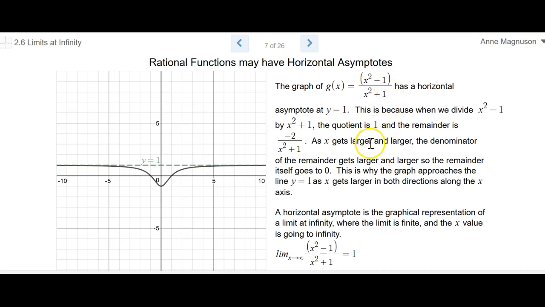So when we perform that division, the quotient is just 1, and this is the remainder, minus 2 over x squared plus 1. So as x gets larger and larger, this denominator grows. So as x gets larger, we travel along the right or the left of the x-axis. This remainder is approaching 0 because this denominator is growing and growing, but the numerator is staying the same. So that's why this function is approaching 1 as x approaches infinity or negative infinity.